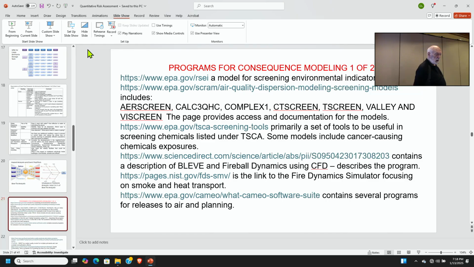And I've listed the air models and the documentation. And then there's a page on BLEVEs and fireball dynamics. And then CAMEO is a marvelous little program by EPA. It has a whole bunch of these things all put together, and I'll touch on that in a minute.